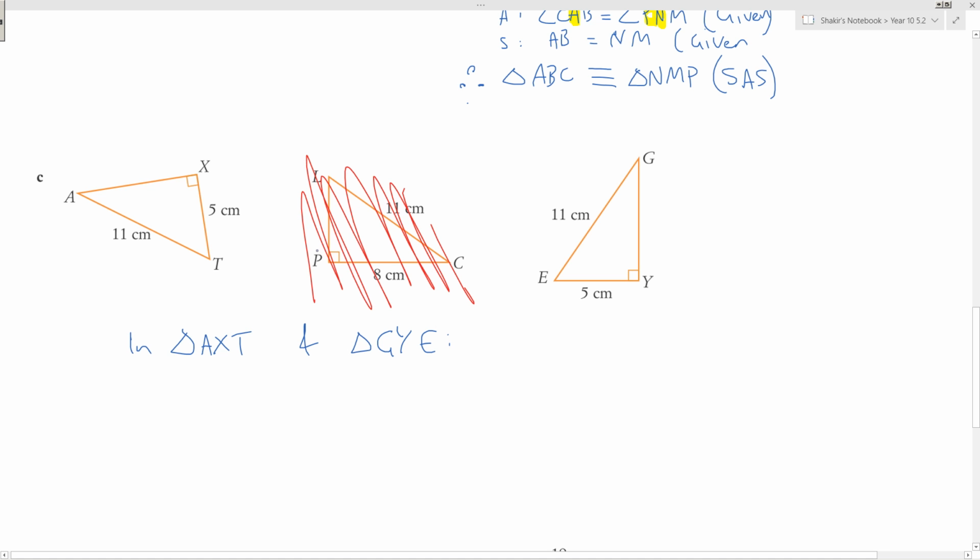So in triangle AXT and triangle GYE, RHS, so right angle, X is a right angle, R, and H is hypotenuse, and S is the side. So let's do the right angle.